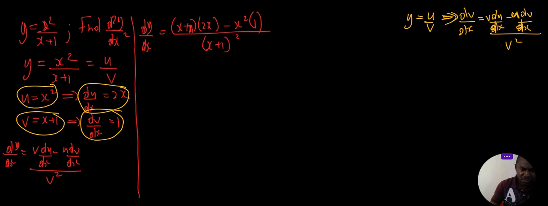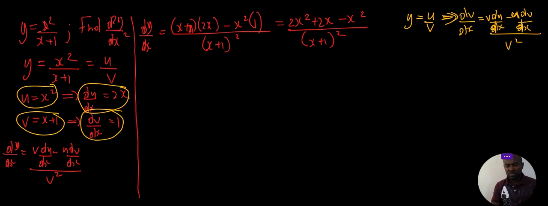Alright, we can proceed to simplify. Expand the brackets: 2x times x gives us 2x squared, then 2x times plus 1 is plus 2x. And from that we're subtracting x squared, all over x plus 1 all squared.